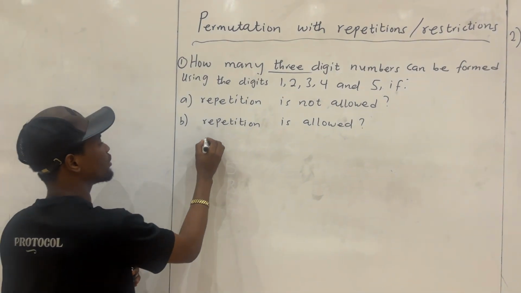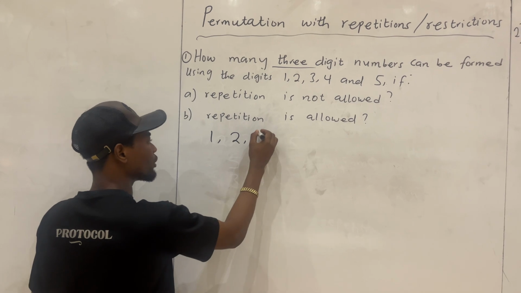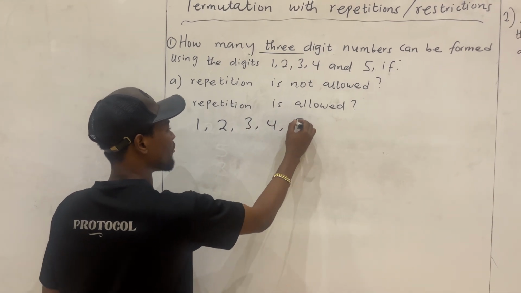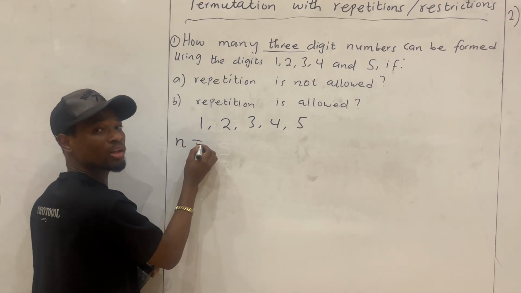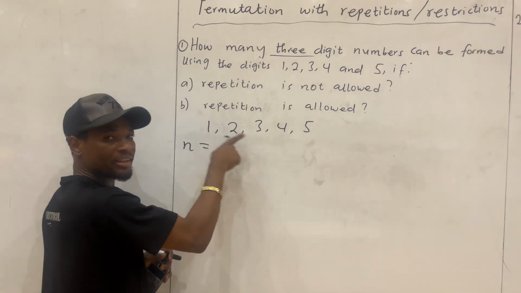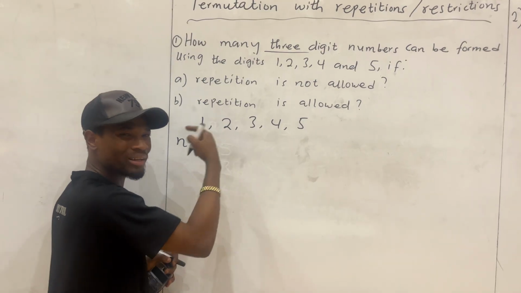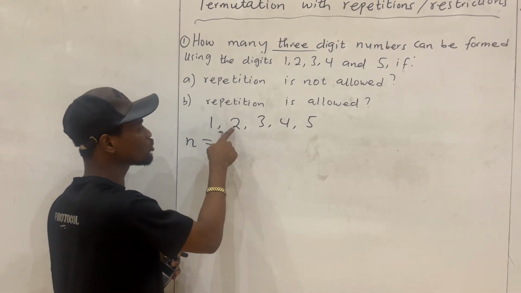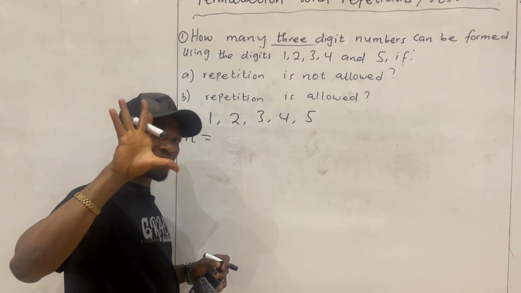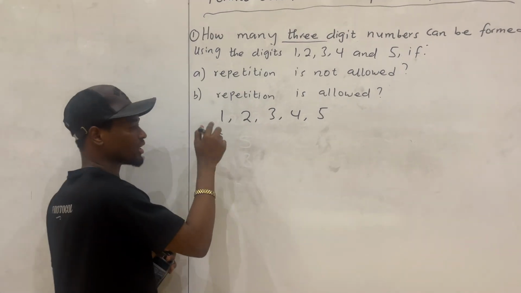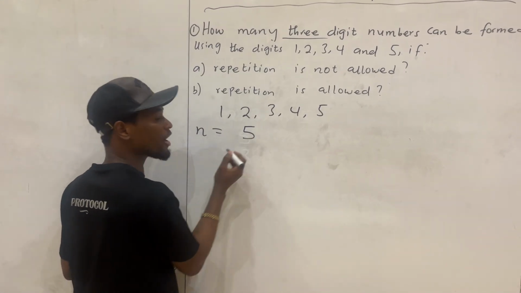So we have 1, 2, 3, 4, and 5. To get the total number of items, we need to do the counting. Let's count: 1, 2, 3, 4, 5. So we have 5 items.